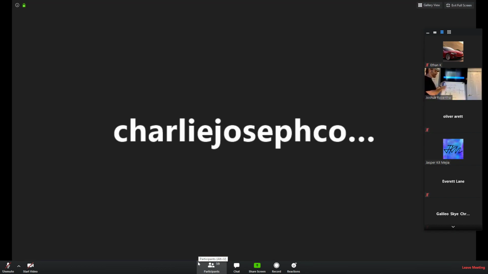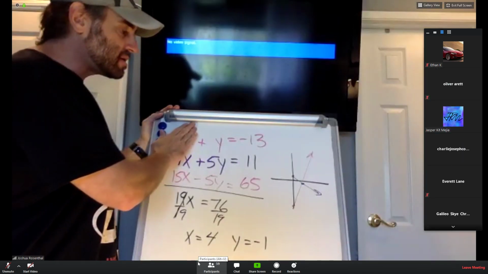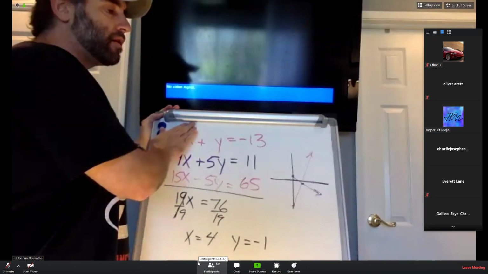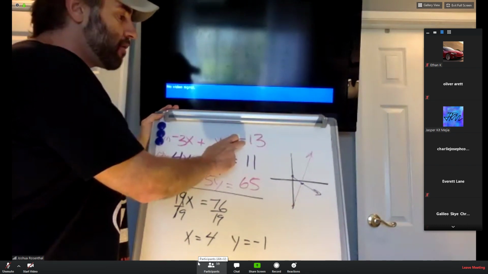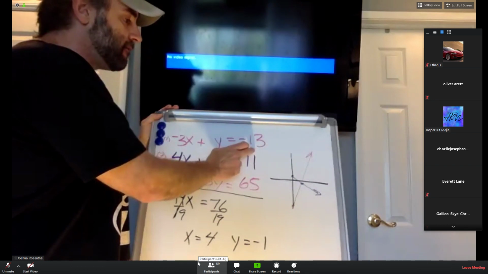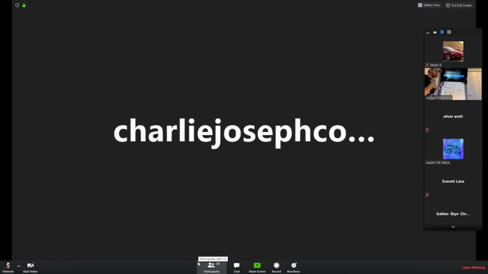Zero it out. How would you get a 0 pair? You add 12. Okay, that would get rid of it, and then, with the addition property of equality, if you add to one side, you better add that 12 over here. What's negative 13 plus 12? 1. Negative 1. Yep.